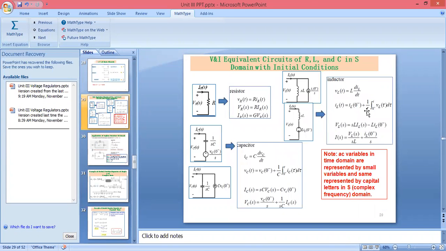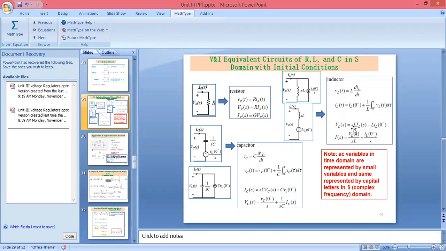So if there is an inductor, we are taking that inductor in the frequency domain as S into L. And if it is in the time domain, how can we calculate the voltage? We can calculate voltage as L di by dt. So now we can convert that value into the frequency domain.